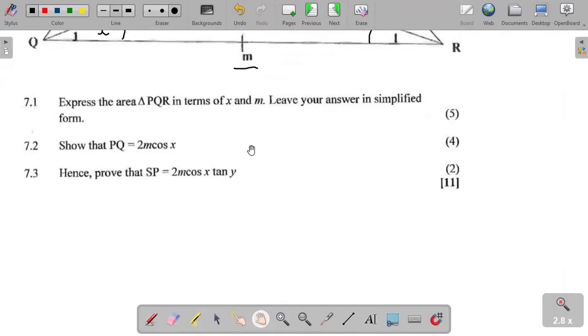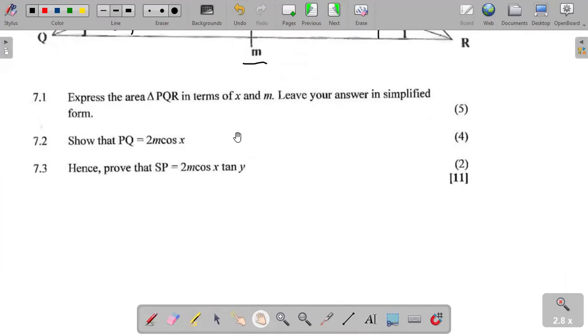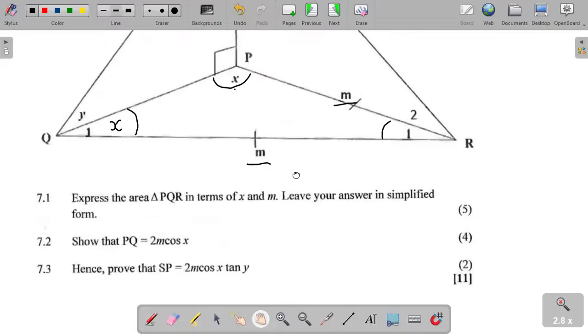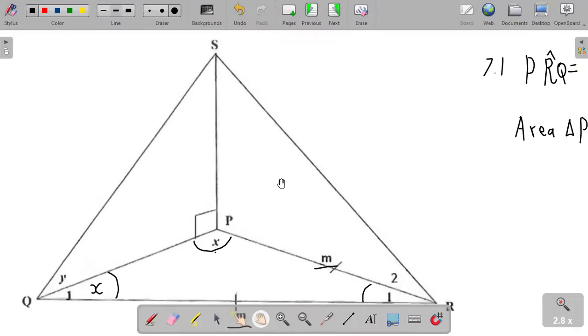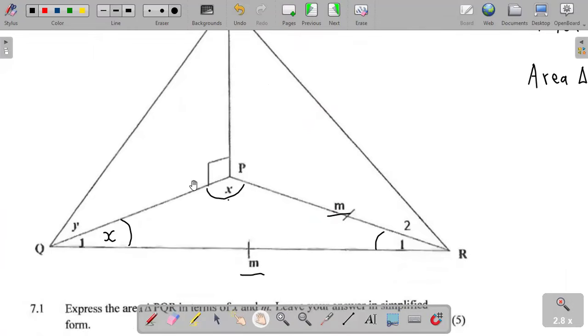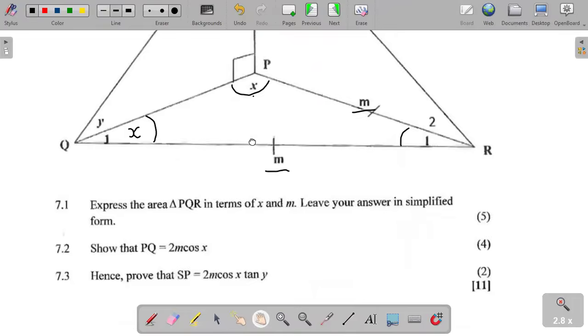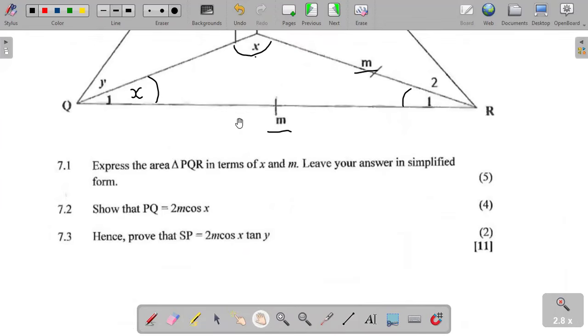Okay, then show that PQ equals 2M cos x. PQ, where is PQ? PQ equals 2M cos x.